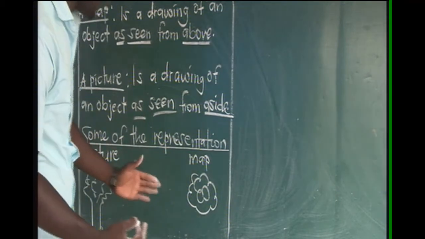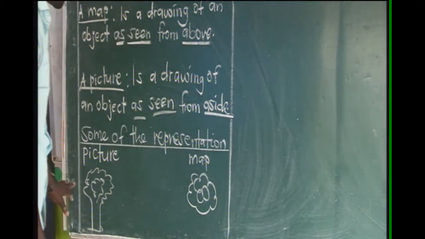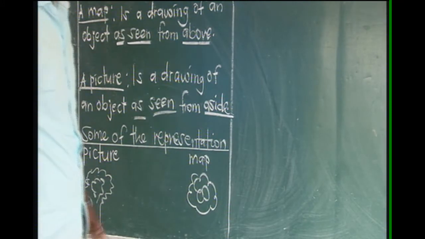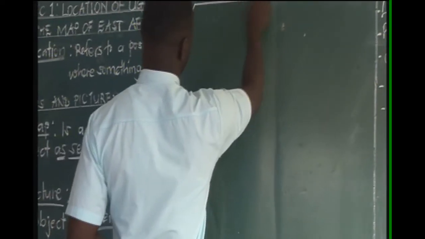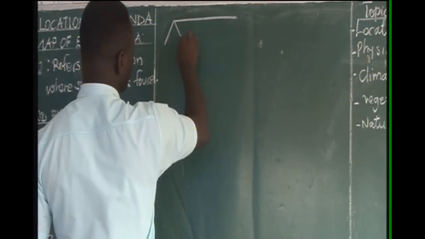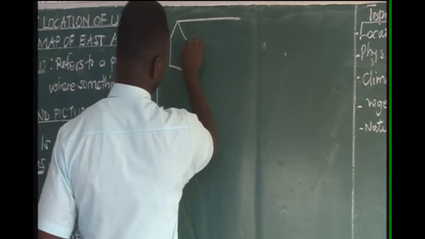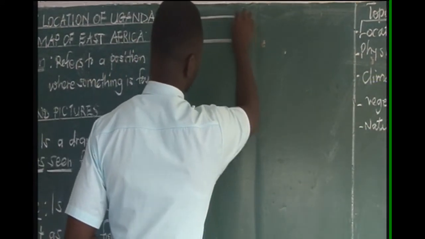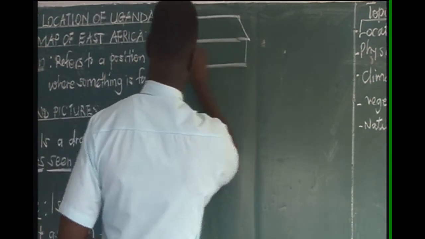Just like we have said, this one is drawn as seen from above, this one is drawn as seen from a side. Another example I want to give is, if we are to have another object, for example, a house. We have a house here.